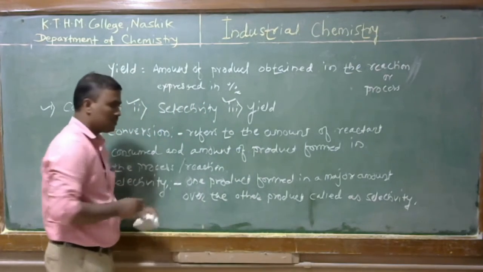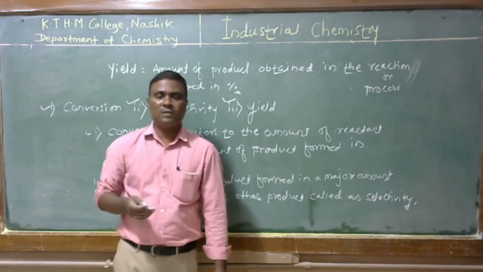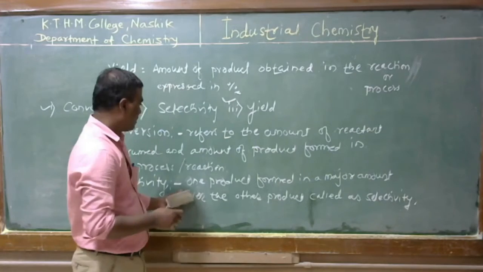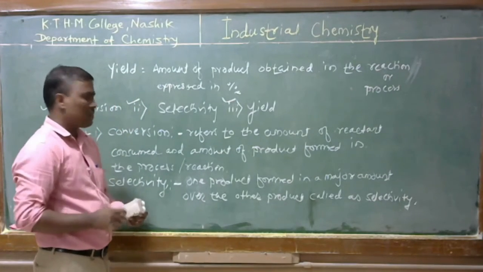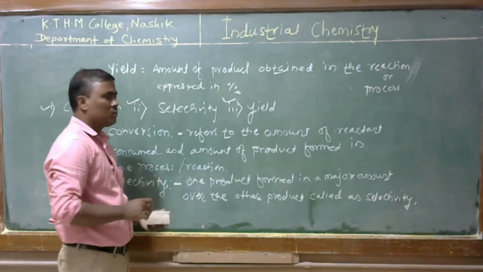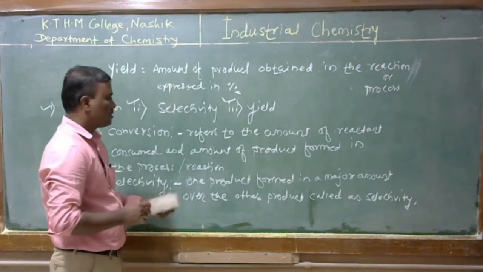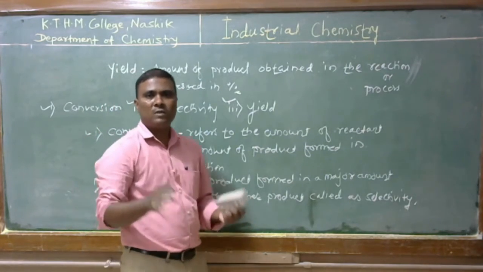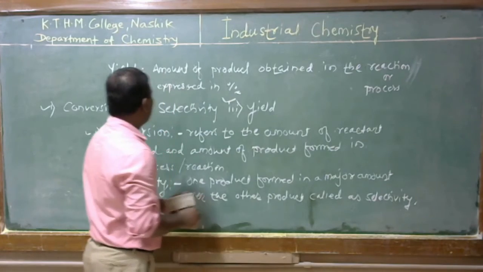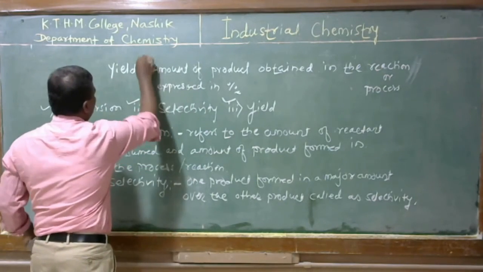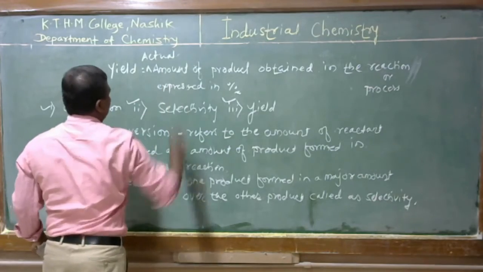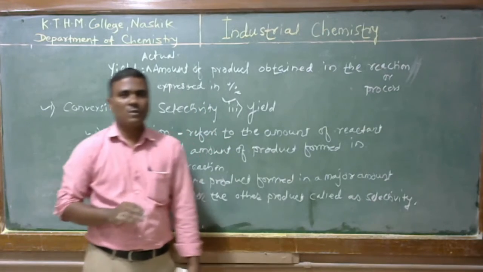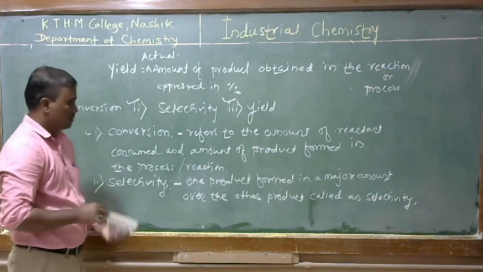In books you may see different definitions, like keeping favorable conditions. Although it's fine, in a very simple way you can keep in your mind the concept like this: one product formed in a major amount over the other product is called selectivity, and yield is the actual amount of product obtained in the process or reaction. Okay, fine. You keep note of these points.